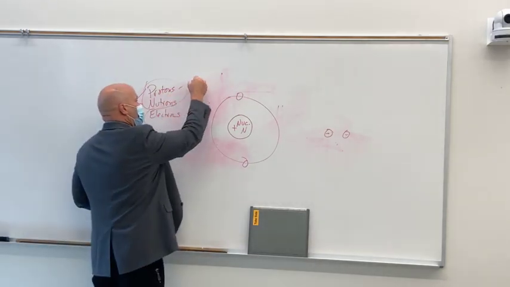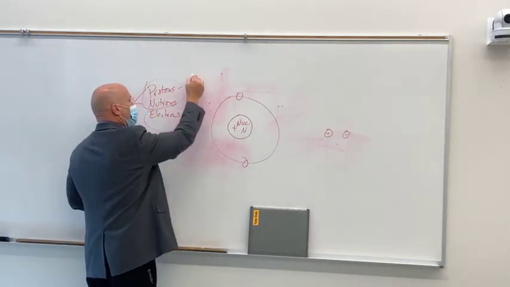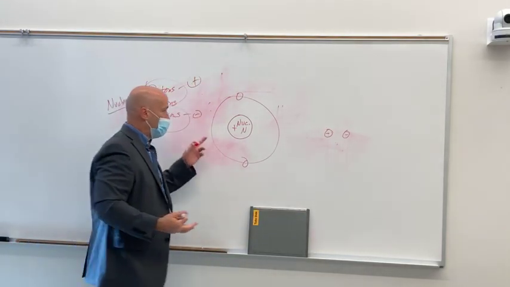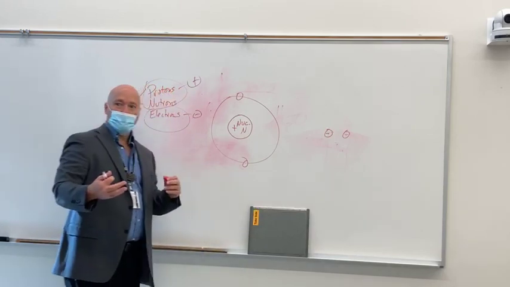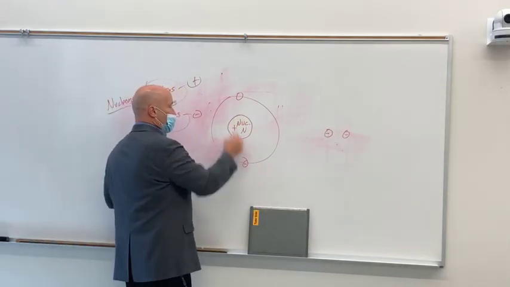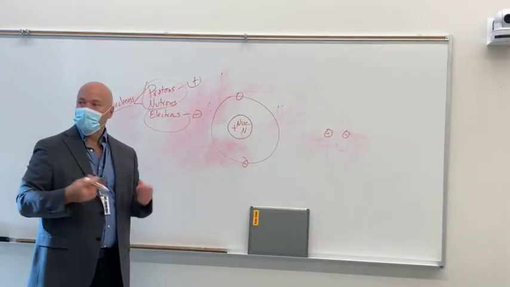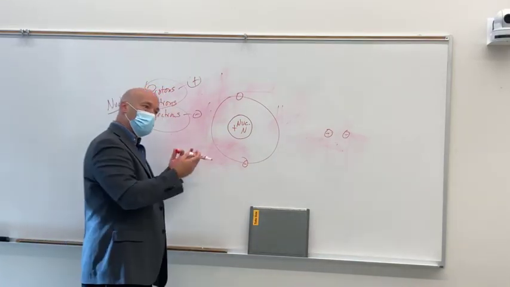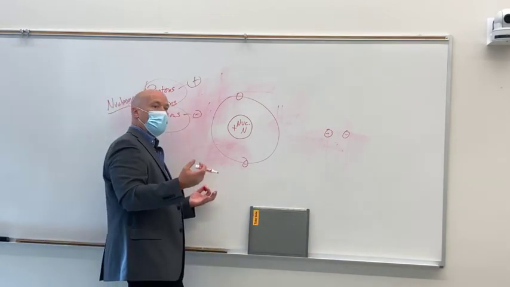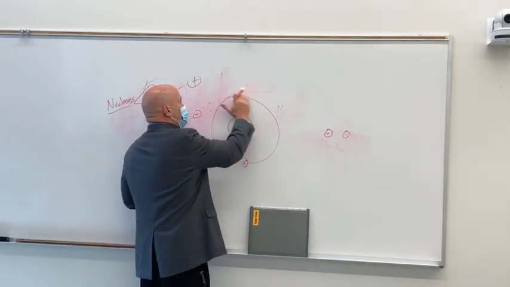Protons are positively charged, electrons are negatively charged, and even though the protons are massive compared to the electrons, the charge is identical, okay? So one positive charge and one negative charge cancel each other out, right? So the entire atom becomes neutral.